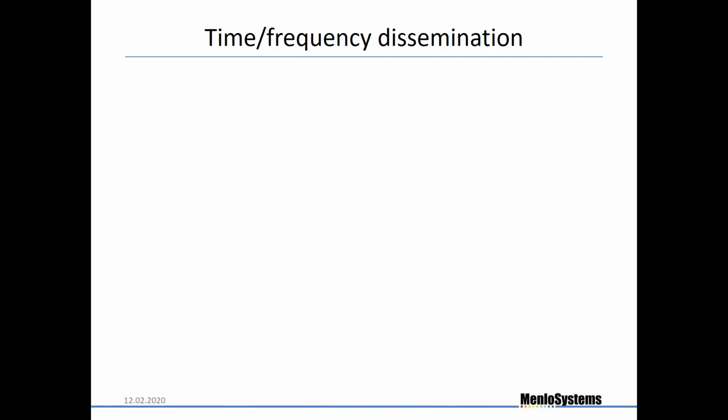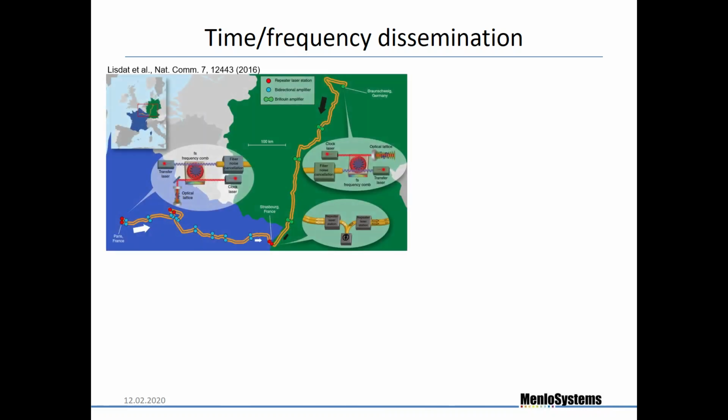Why would you want to do it? Because an optical frequency, or say a laser, erbium laser, can easily be transmitted through a telecom network. And this is what they are doing nowadays. So different countries have different atomic clocks, like the PTB in Germany defines the German time of day, and the SYRTE in Paris does the same thing for France with their atomic clock.